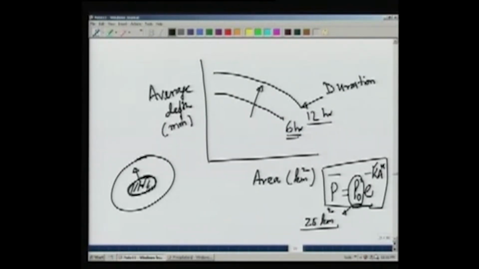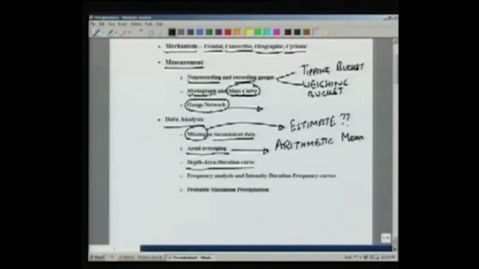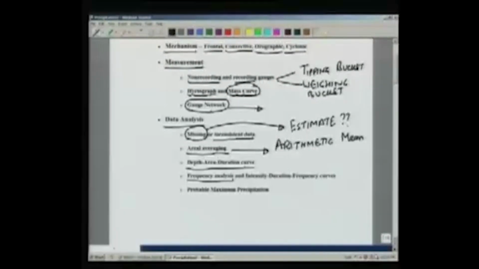textbooks about different areas. The other aspect which is important is to have some kind of frequency analysis or risk analysis to see what are the chances of rainfall occurring in the next 10 years or next 100 years or so. So the frequency analysis is also very important from this point of view.